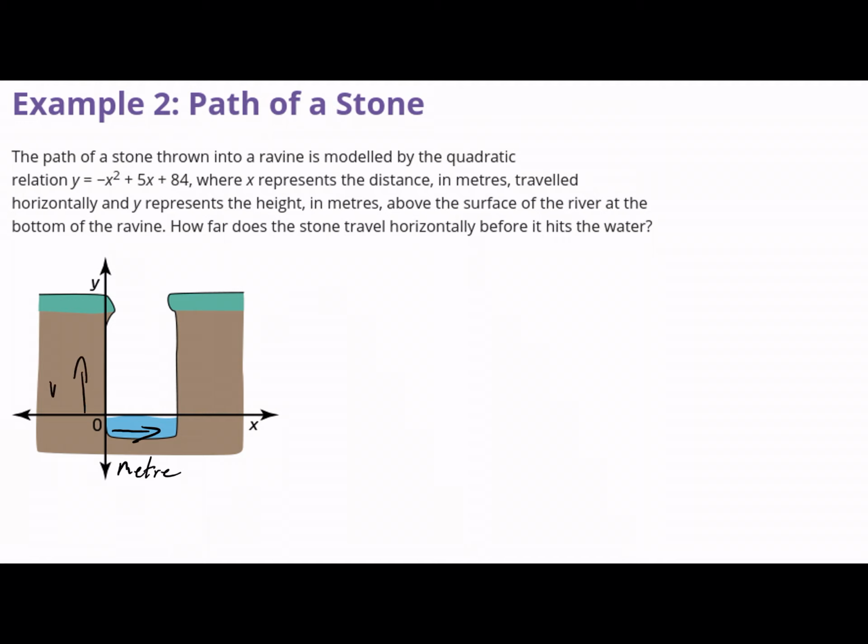So again, we're working in meters. Above the surface of the river. So 0 is the surface of the river. So be aware of what 0 represents. Sometimes 0 might be the top of the ravine, or it might be the bottom of the water.